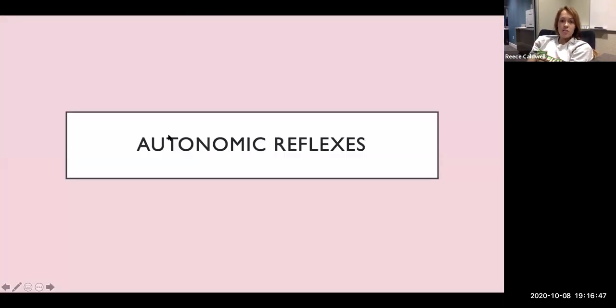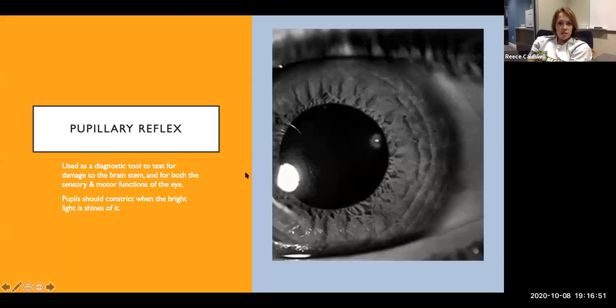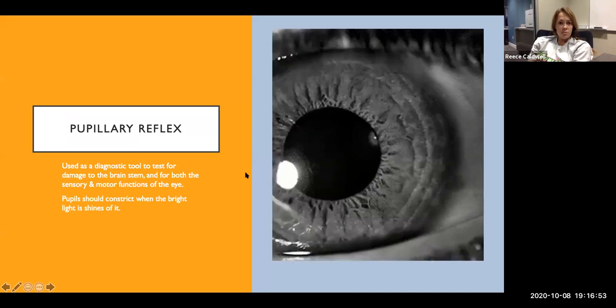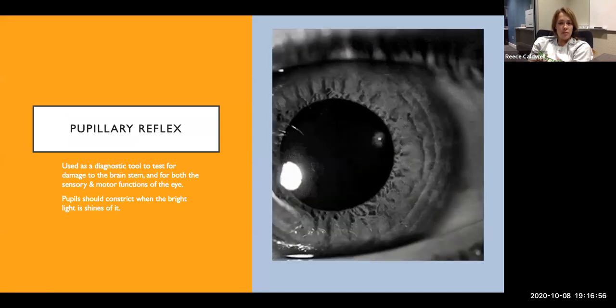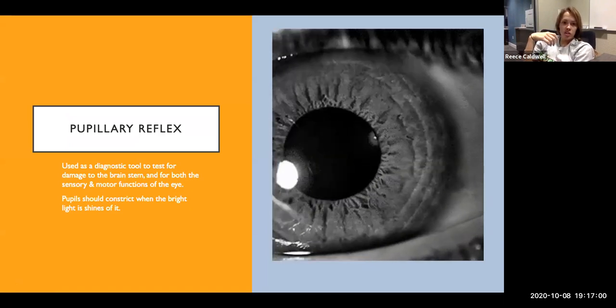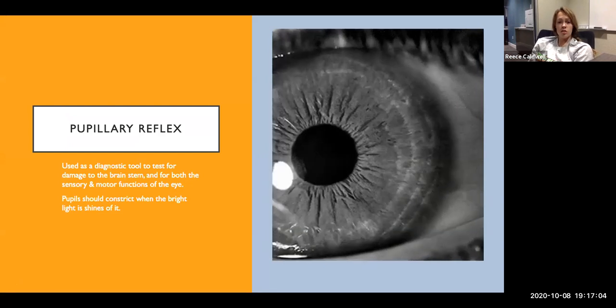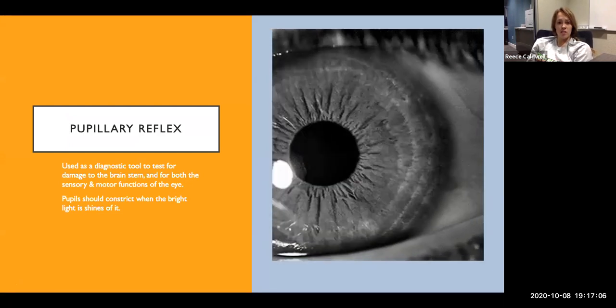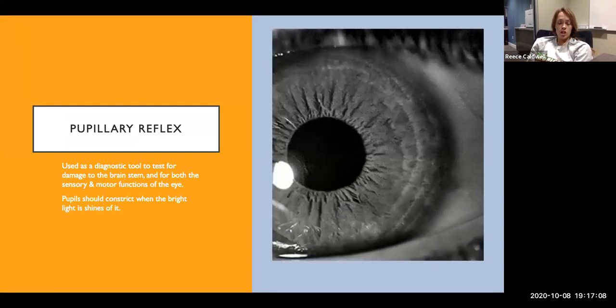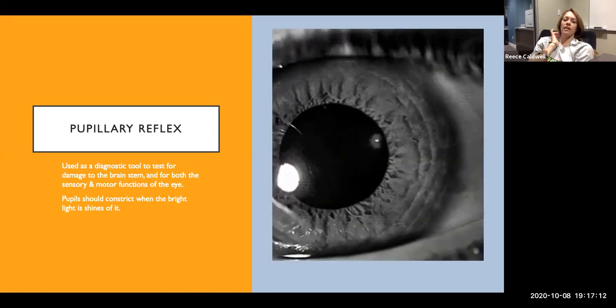So those were our somatic reflexes. Now we're going to look at our autonomic reflexes. So the first one is our pupillary reflex. If you've ever had a doctor shine a flashlight in your eye, what they're doing is testing for damage to the brainstem and also for sensory and motor functions of the eye. What should happen is your pupils should constrict, or get smaller, when the bright light shines in it.